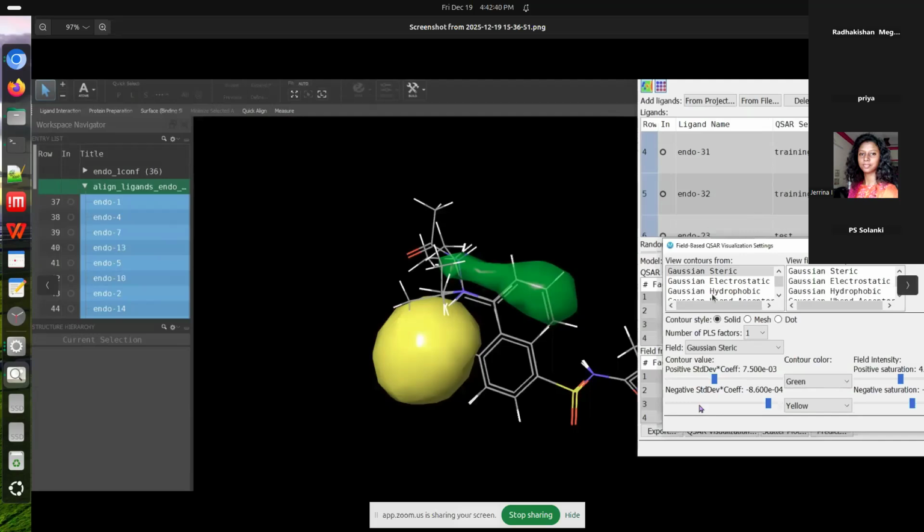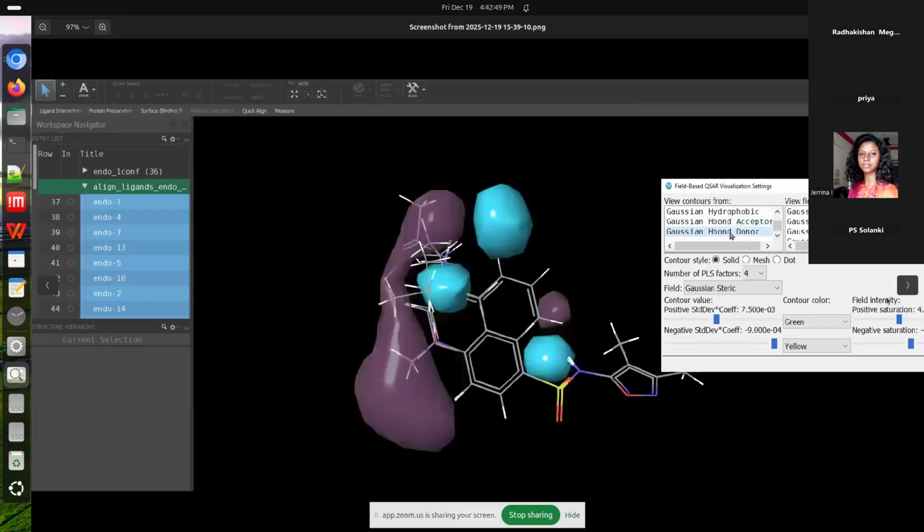And you can see, they have selected the Gaussian steric region, and you can see that in the yellow color. And you can also view the other types of regions like hydrogen bond acceptor, hydrogen bond donor. You can just click on the respective regions, and then you can visualize that in the workspace.